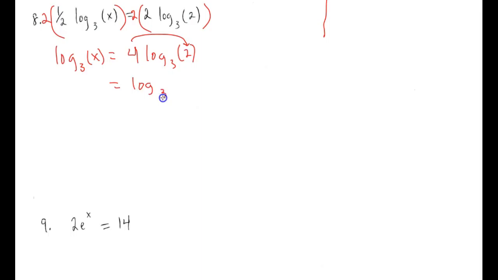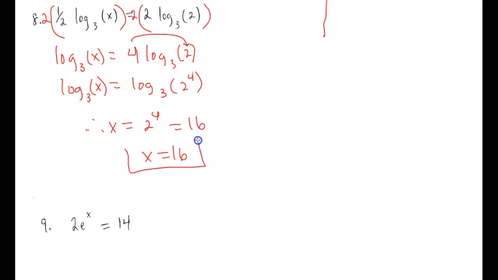So this would be log base 3 of 2 raised to the 4, and this will be log base 3 of x. And so now what we have on the inside has to be the same because we have 2 logs that are equal to each other of the same base. So therefore, x has to be 2 raised to the 4, which is 16. So x is equal to 16.